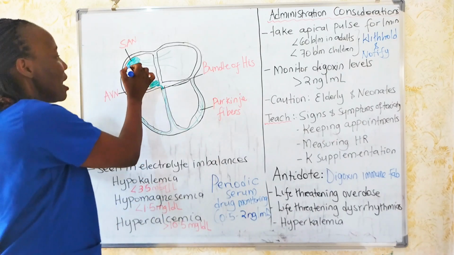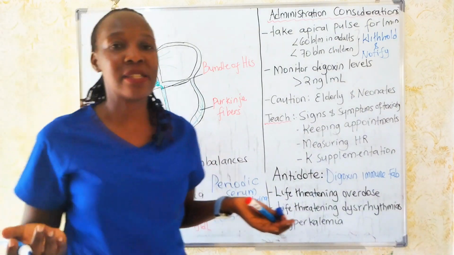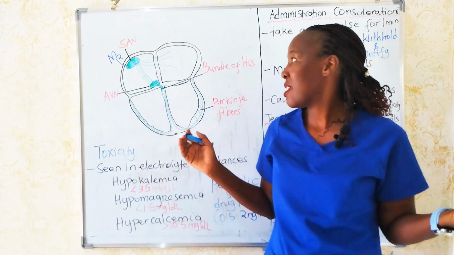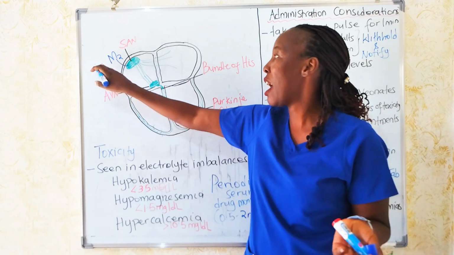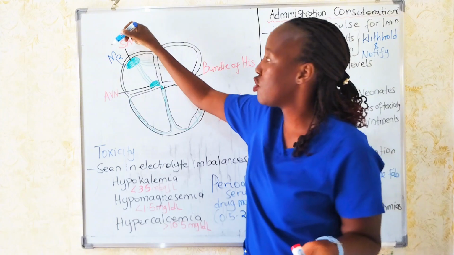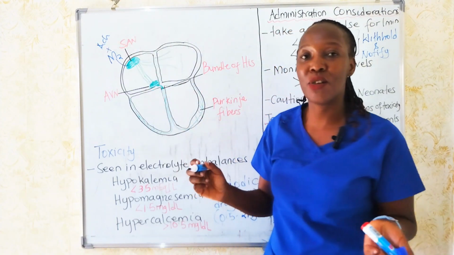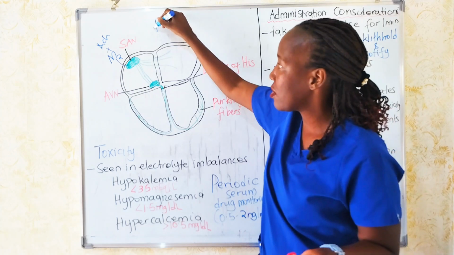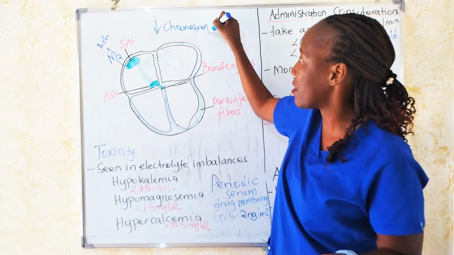In fact, here at the sinoatrial node, we also have muscarinic type 2 receptors. These are parasympathetic receptors. So we have M2 receptors located in the sinoatrial node, and usually when these M2 receptors bind with acetylcholine, it's going to cause a negative chronotropic effect.